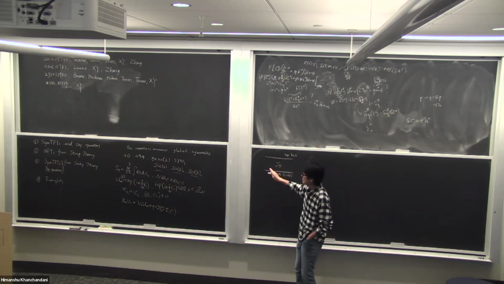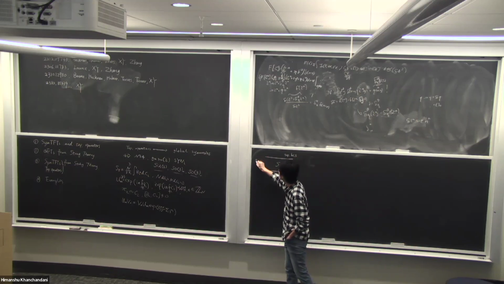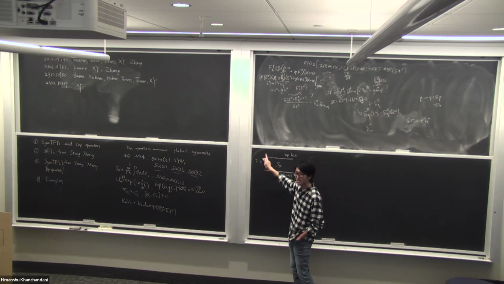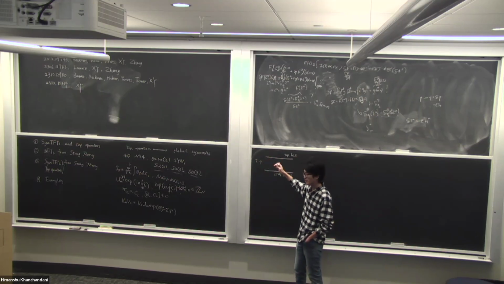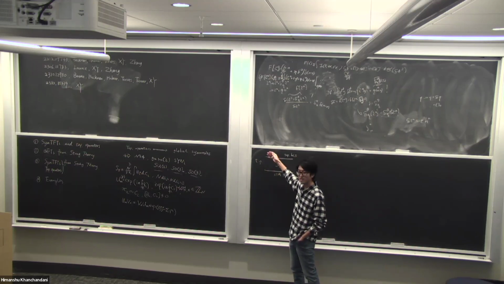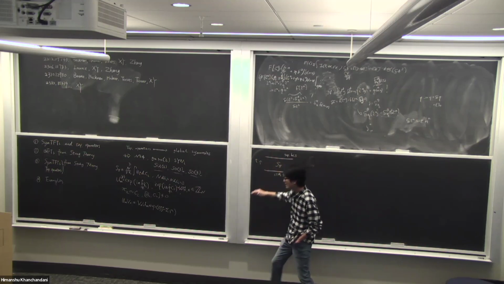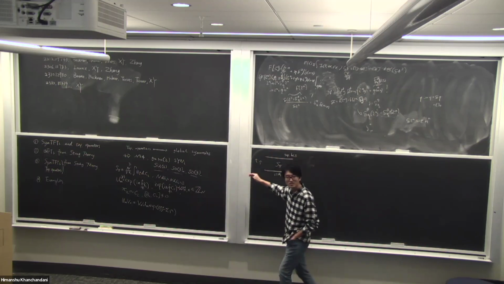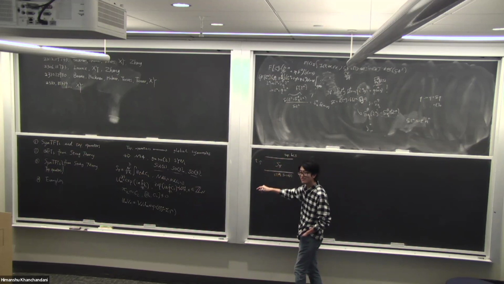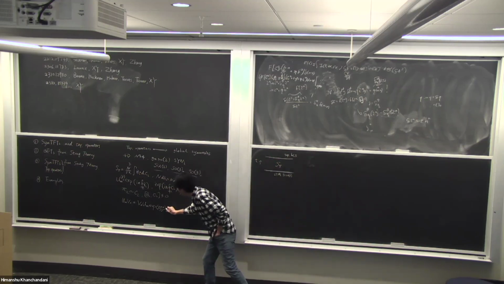Maybe this is easier to understand: if you define this as the time direction, then you do the radial quantization of the SymTFT along different time slices, and then this is the equal-time commutator along the slices. Yes, right. Thanks.